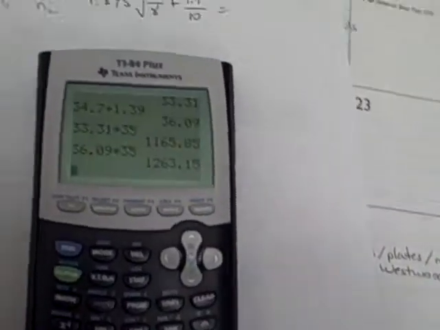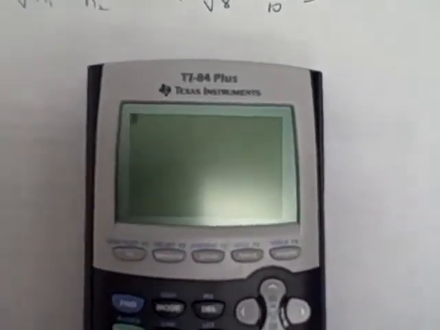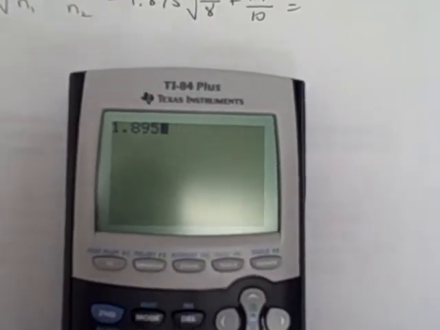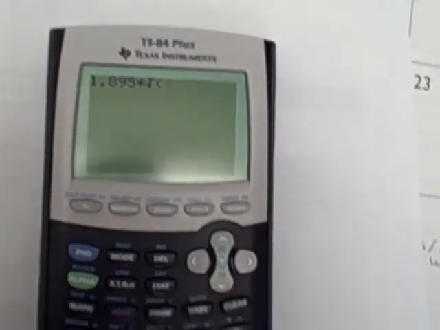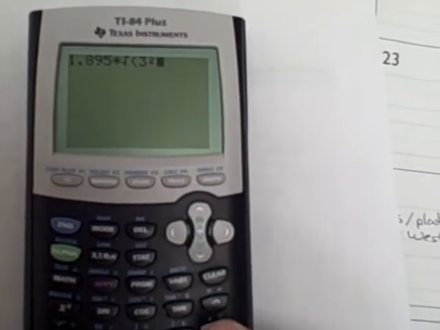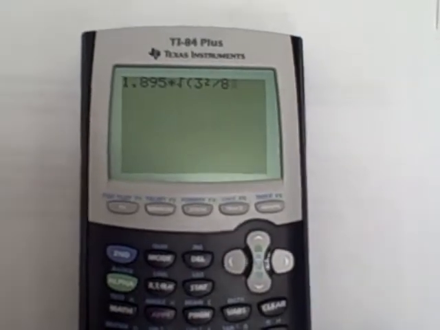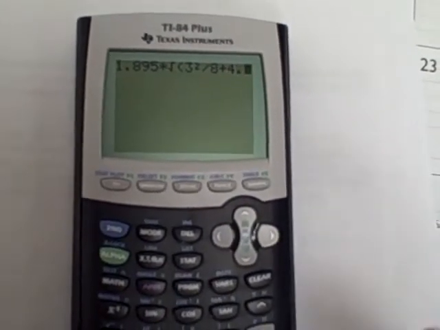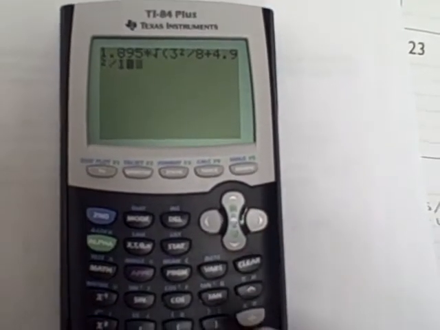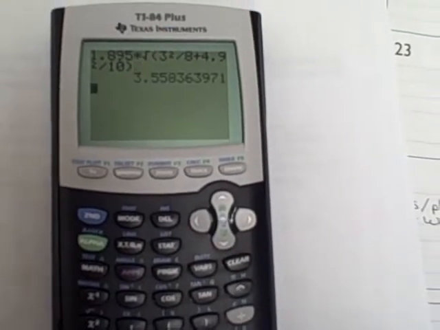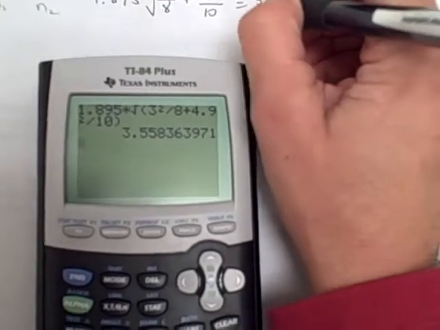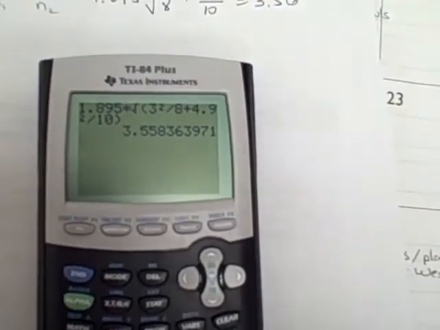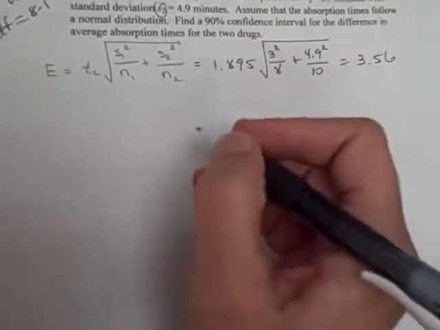So again, all I'm going to do is take my 1.895 times the square root of 3 squared divided by 8 plus 4.9 squared divided by 10, and I get 3.558, so 3.56. Okay, so that's our error.